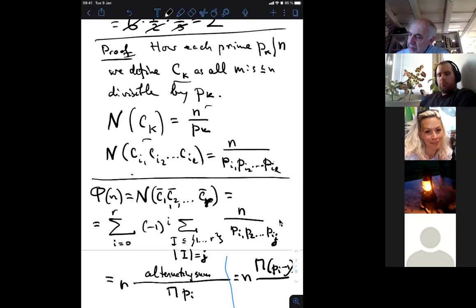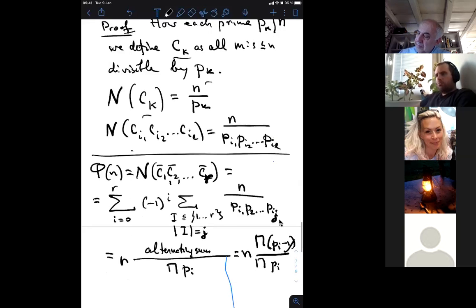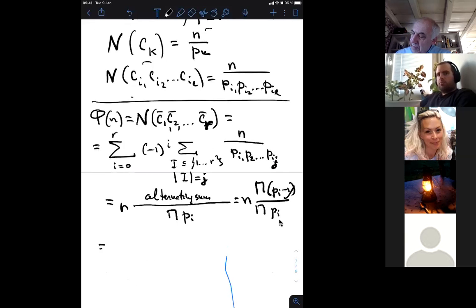And in the denominator we'll have the product of all p_i's. Dividing p_i minus 1 by p_i, we'll be getting exactly the formula which we wanted, the product of (1 minus 1 over p_i).